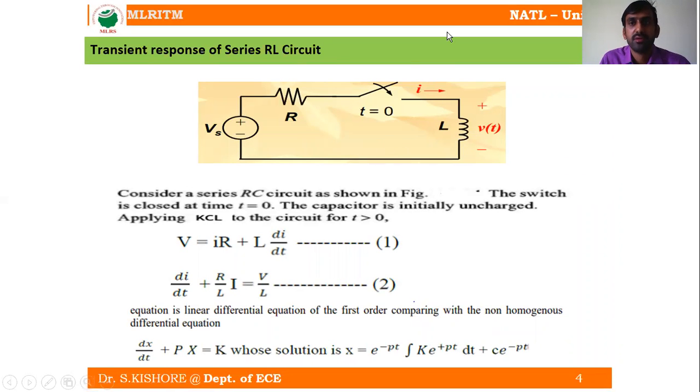So let us consider a series RL circuit as shown in this figure. Where you can see a series RL circuit, that means a resistor R is in series with inductor L. Let us consider the current in this loop is I. As we said, we are going to find the transient response of the series RL circuit.